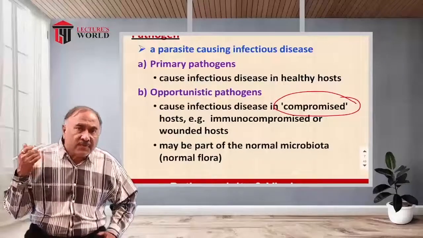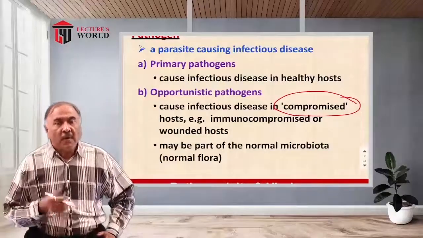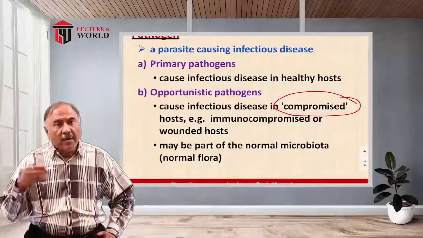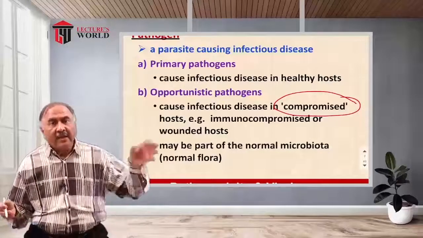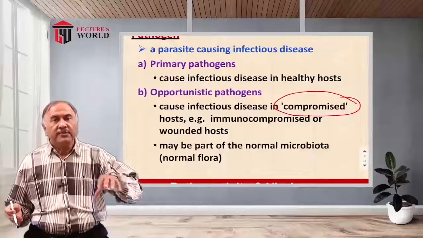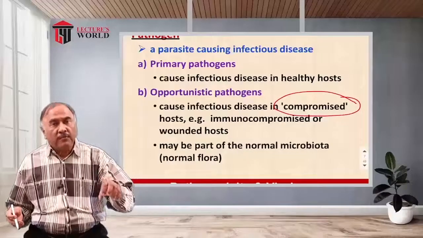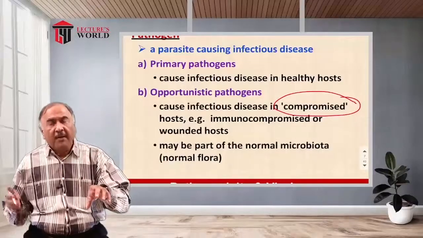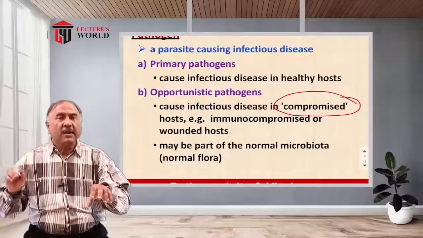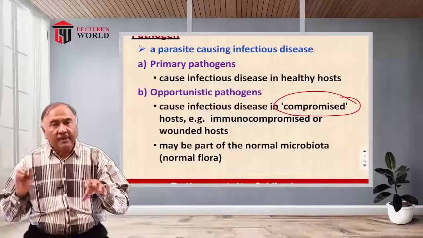His immune system is not functioning, or he may already be suffering from some disease, some infection, and another infection takes place. Why? Because the person is already weak, the person is already sick.